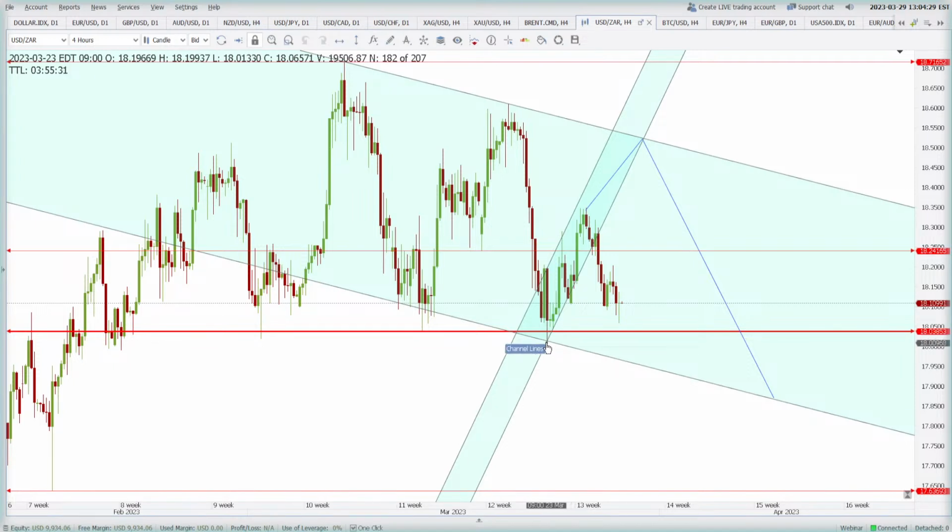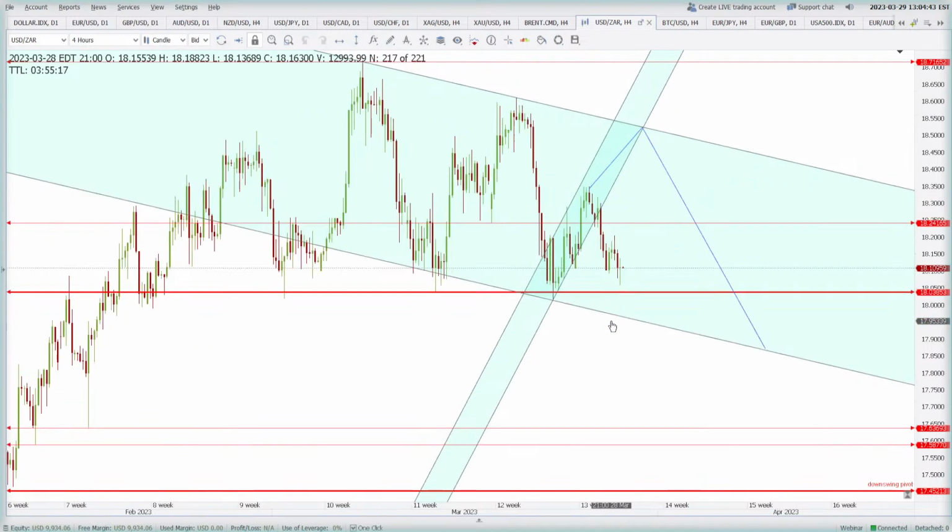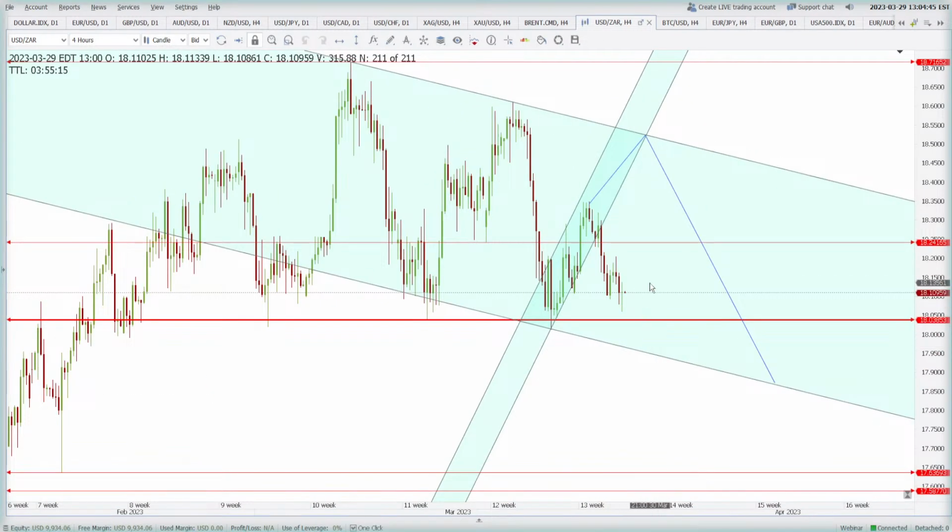So once that breaks, I think the price will start making lower highs and lower lows, and that is what we are expecting here in the USDR. Any low from here will expose the next level of 17.6369. On the upside, we now have a resistance at around 18.2416 on our charts.